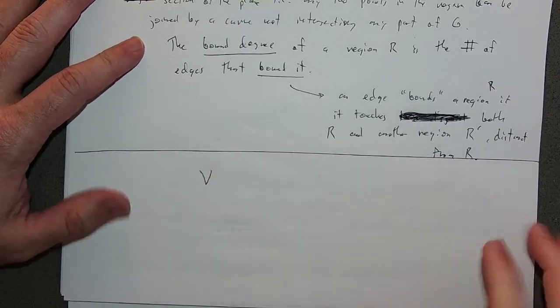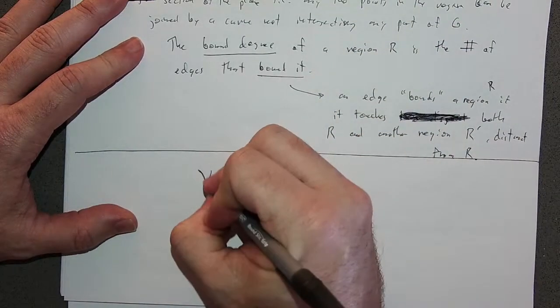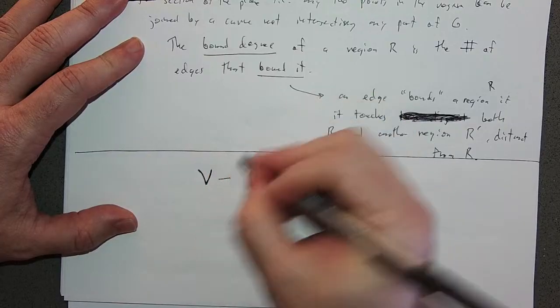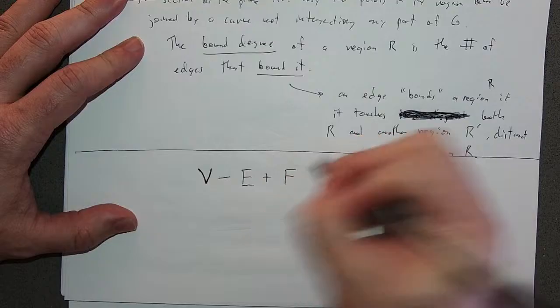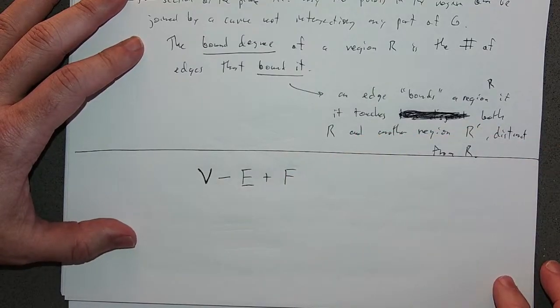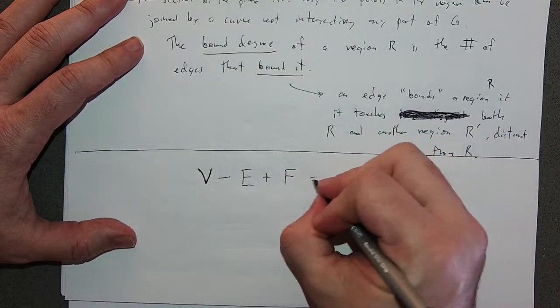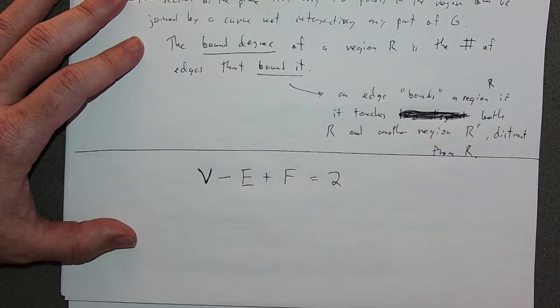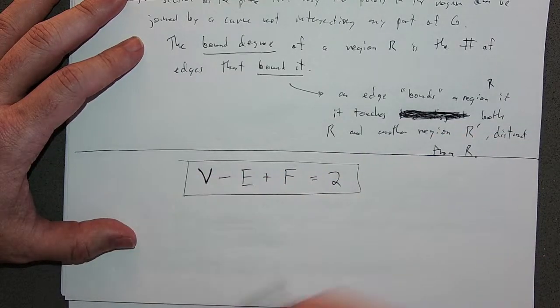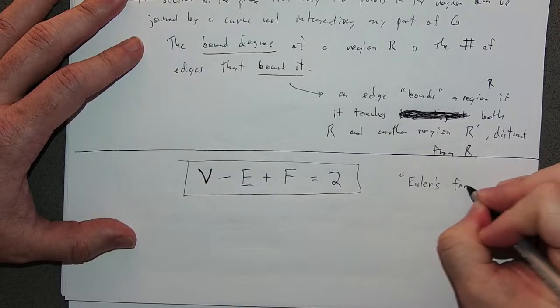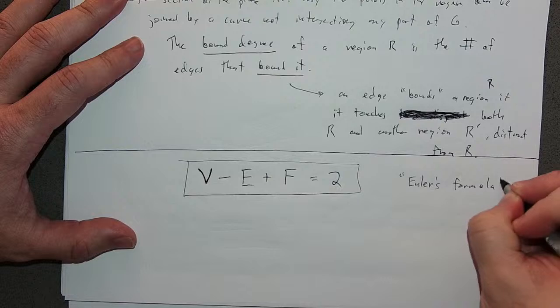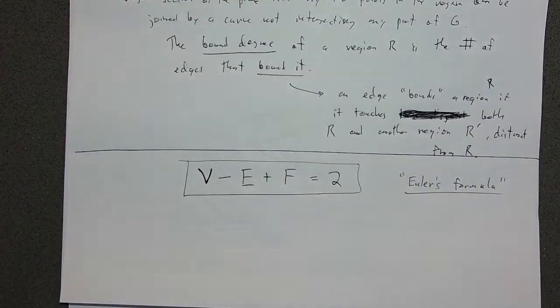The number of vertices minus the number of edges plus the number of faces, we'll call these the regions, is equal to 2 for all of those things. This is known as Euler's formula, and I'll talk a lot about this on Monday. We can discuss where this comes from, why this is useful.